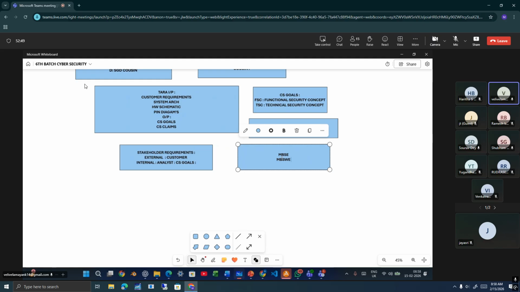Anytime you hear these terms, model-based system engineering, your model-based system engineering is based on use cases, and only based on use cases will you define it.